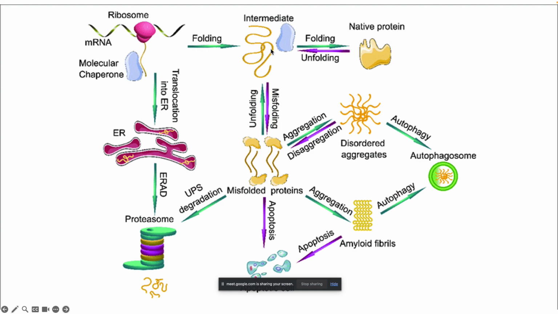But when there's misfolding, you get a misfolded protein, and this can lead to ubiquitous degradation in the proteasome. This can lead to apoptosis, which is cellular death when the cell decides to kill itself because it's past any sort of repair. Or it leads to aggregation, which is when misfolded proteins all clump together.